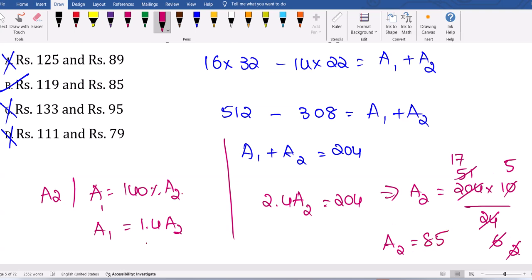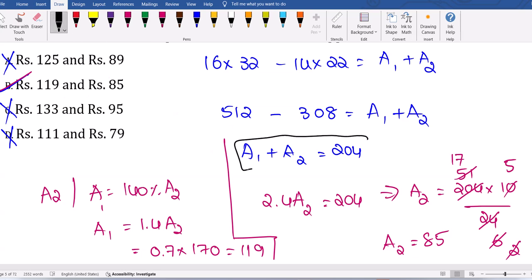The other one is 1.4 into this, 119. So 119 and 85. You got it, but it's a waste of time. Here itself, adding, you have to get 204 as the answer. That's the simple trick.